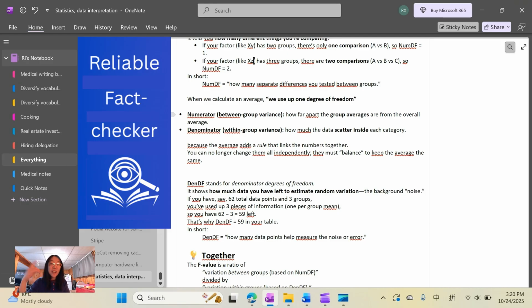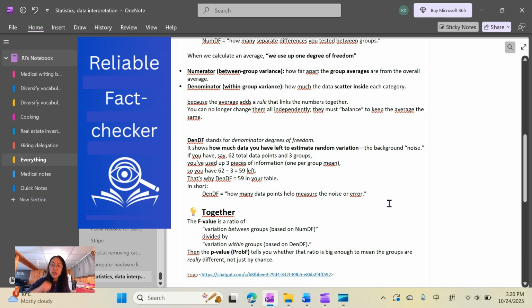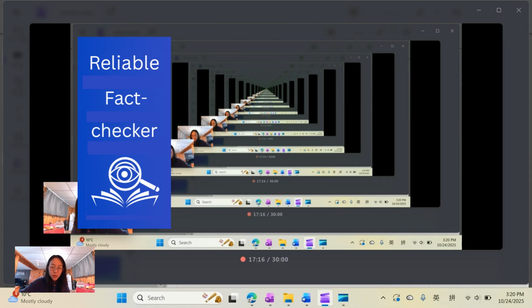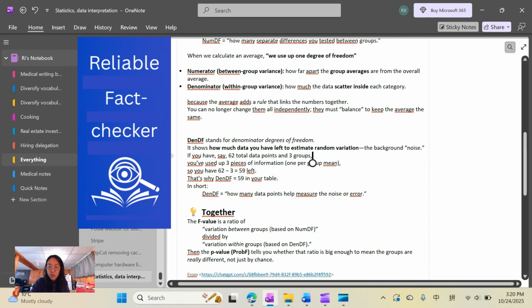Okay, so then DF stands for denominator degrees of freedom. It shows how much data you have left to estimate random variation, the background noise.